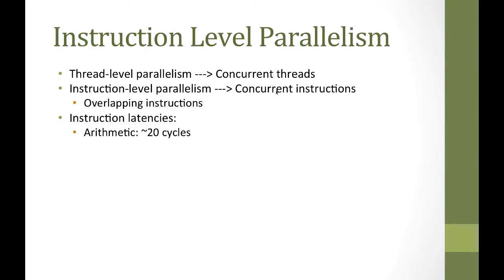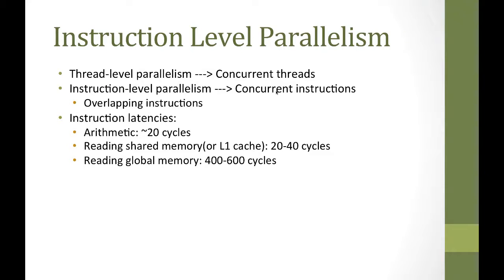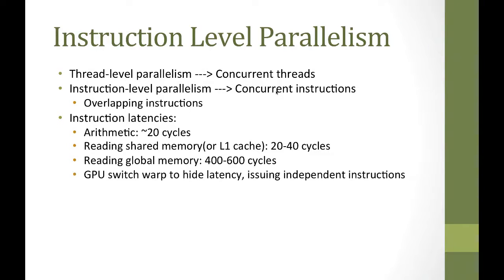That means if you issue an instruction to, say, calculate the sum of 2 elements, you have to wait 20 cycles until you get the result. If you want to read something from shared memory or the L1 cache, it takes 20 to 40 cycles. If you want to read something from global memory, you need 400 to 600 cycles.